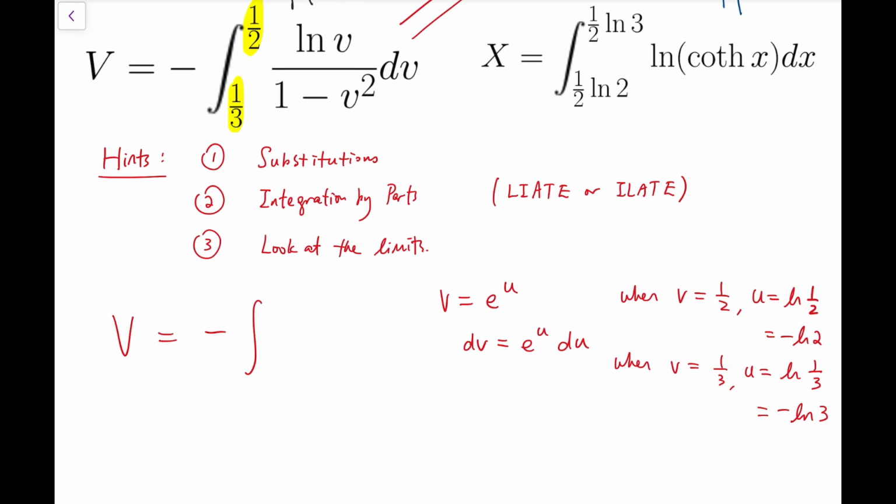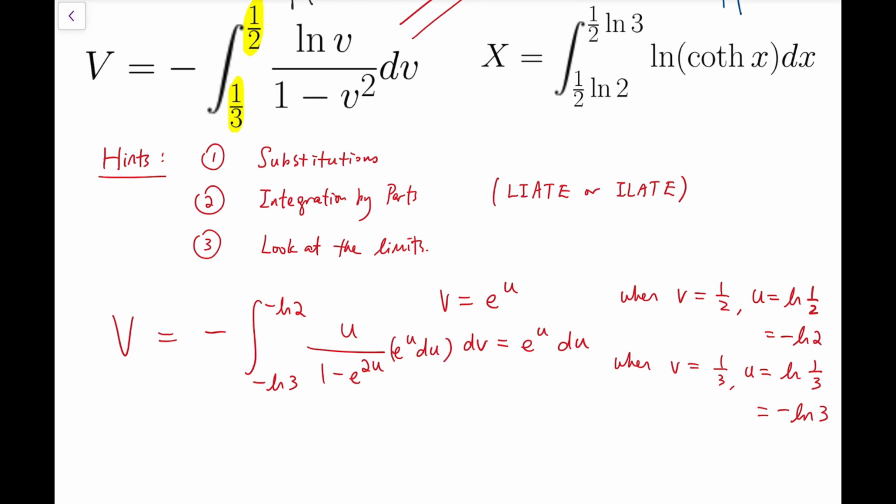So the integral can be rewritten as minus log 2 to minus log 3, and then for log v it becomes u, and then it's divided by 1 minus e to the power 2u, and for dv it becomes e to the power u du.